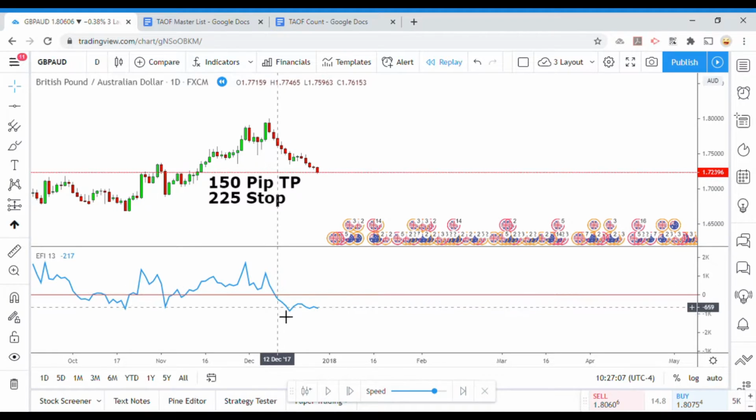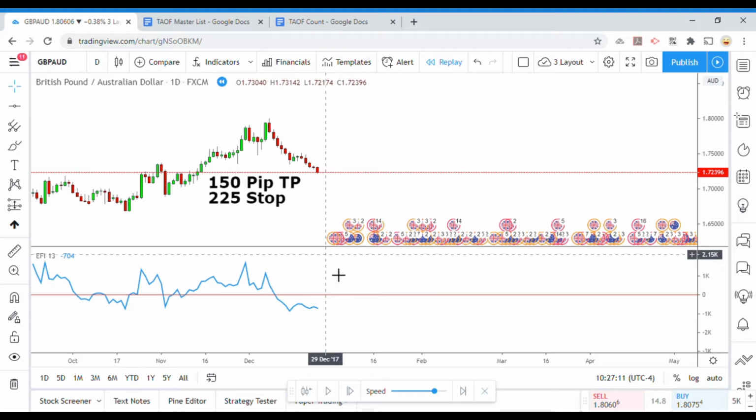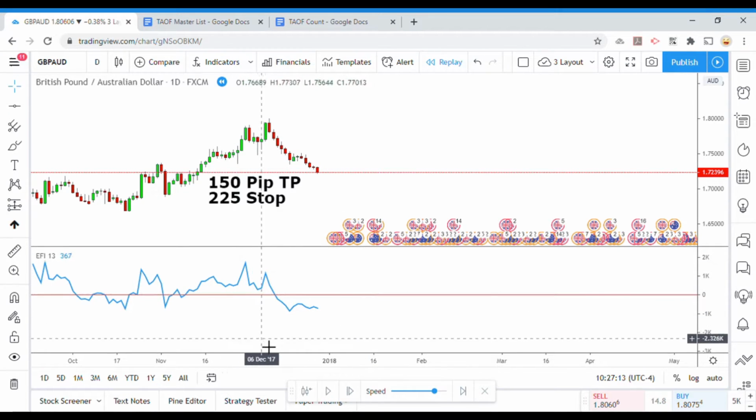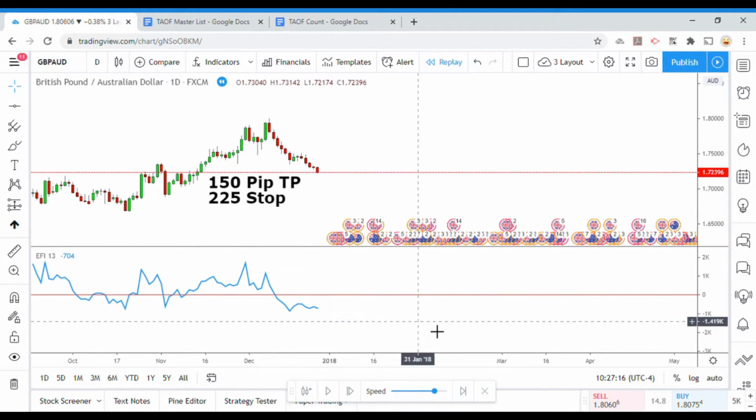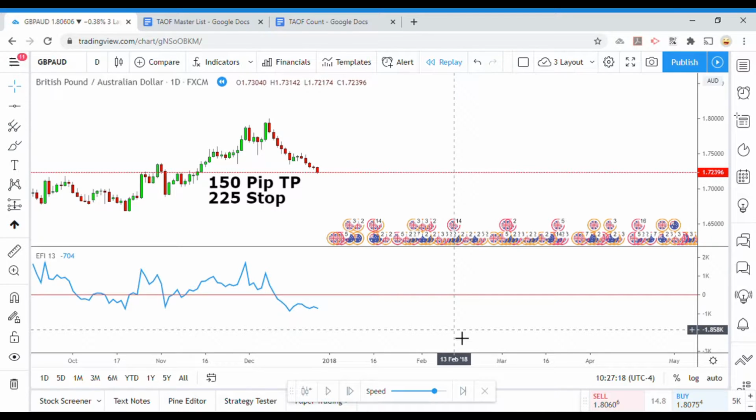It tracks the movement of either the bears or the bulls, depending on who is dominating the market at that particular time.